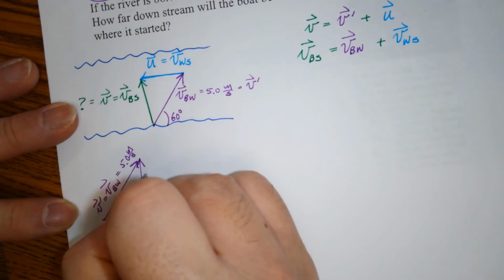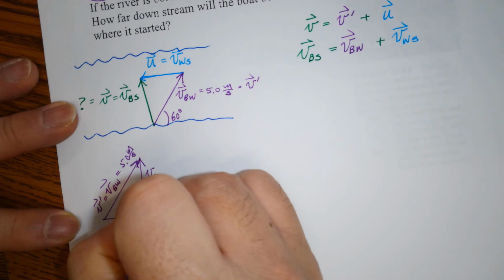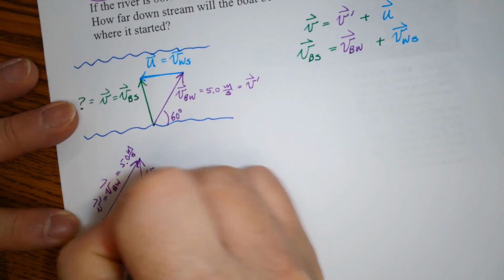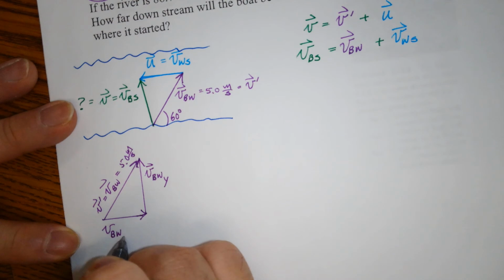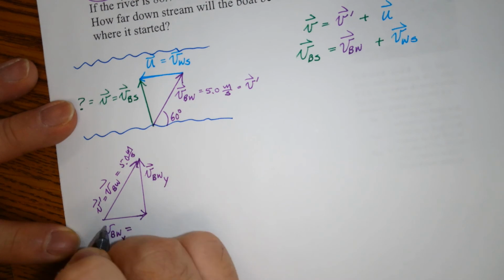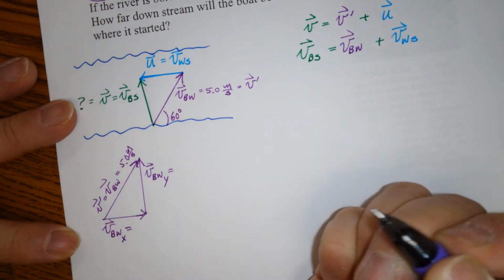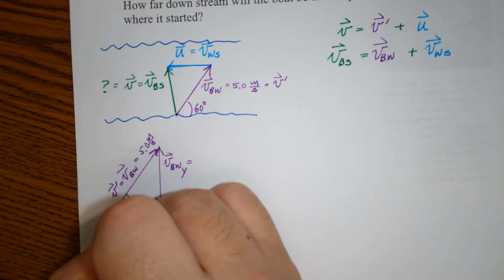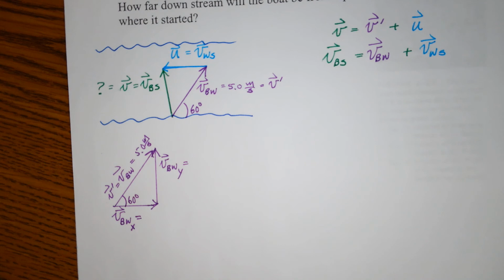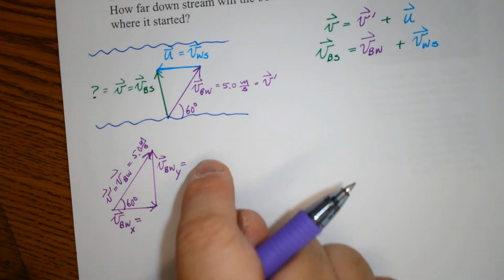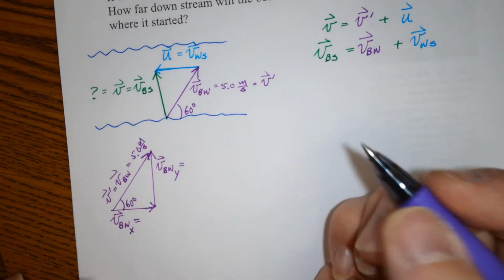So we're going to have VBWY and VBWX. And this angle happens to be 60 degrees. Okay? So if we were to find this, what is this?